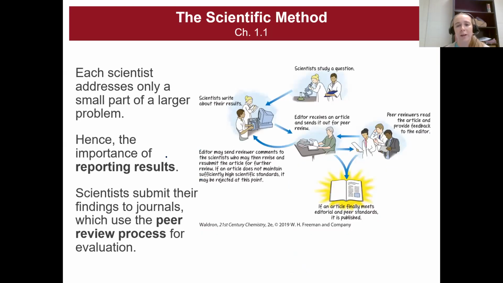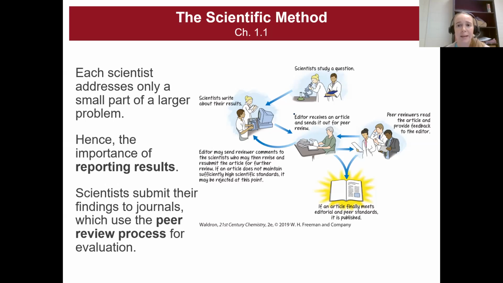And then whenever you're happy with your theory, you want to report your results to someone else. Each scientist only addresses a small part of a large problem. So we have to report our results to other scientists. And the way that we do that is scientists submit their findings to journals, which use the peer review process for evaluation.